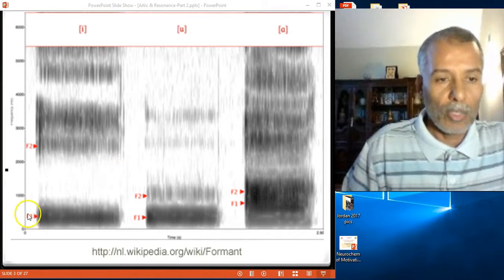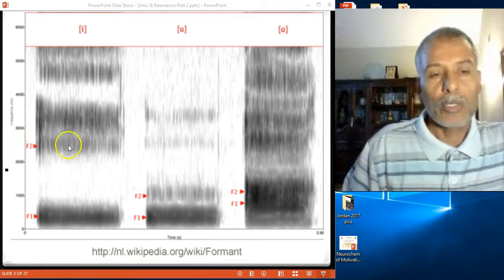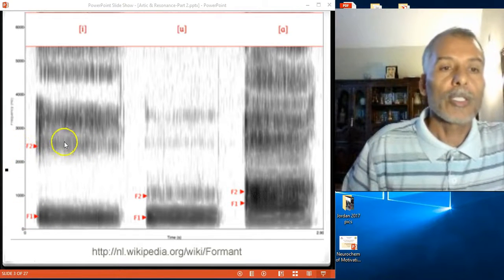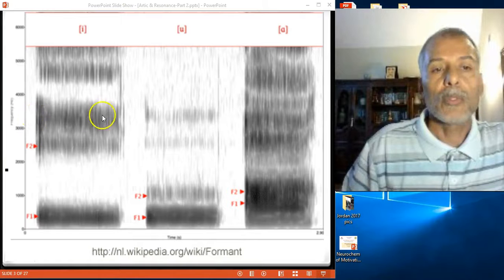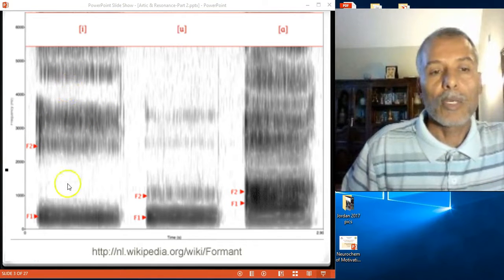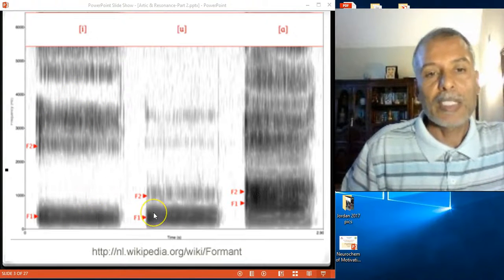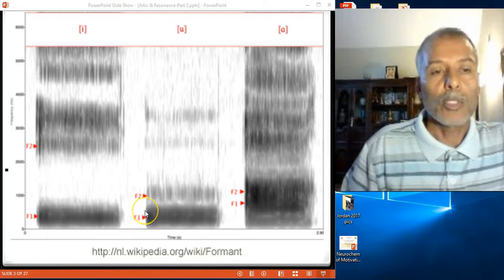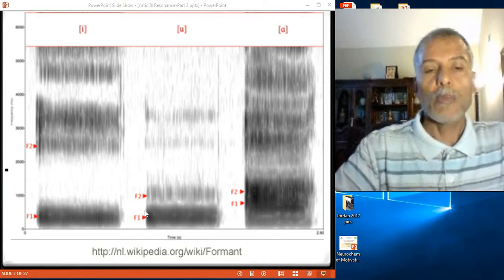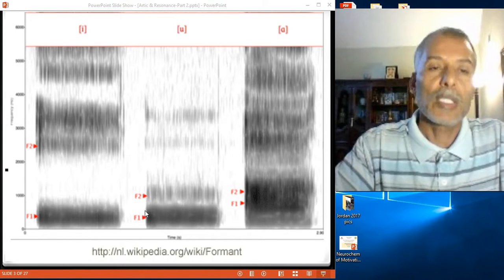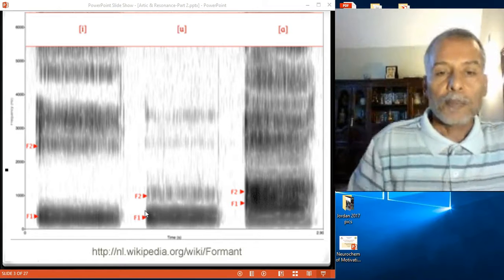So here's, for example, F1 for E, which is around 300, F2, which is close to 2500, and F3 about 3200. And you keep going. So vowels have distinct formants that we use so that we can measure their resonant frequency in the vocal tract.